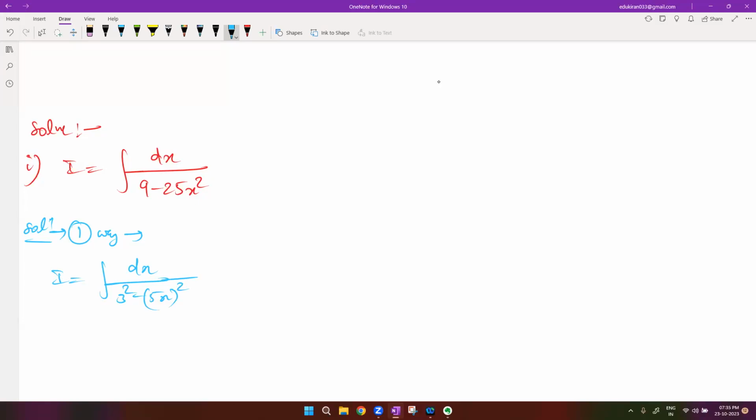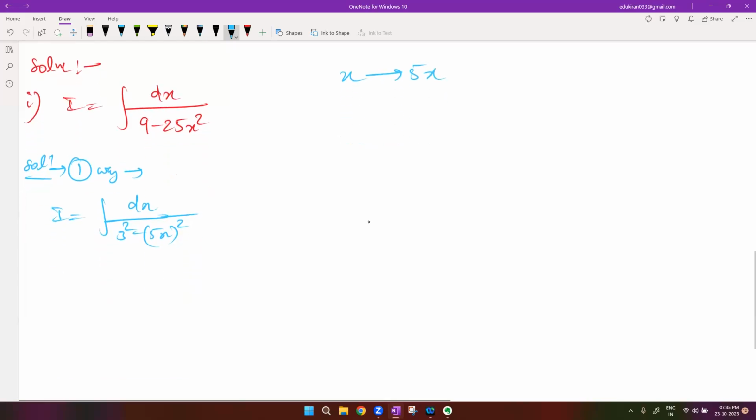In place of a, it's 3, and in place of x, it would be 5x. You are changing x to 5x, so don't forget to divide the whole answer by 5. Use your normal formula, which you have studied. Just remember that you have to divide the whole answer by 5.